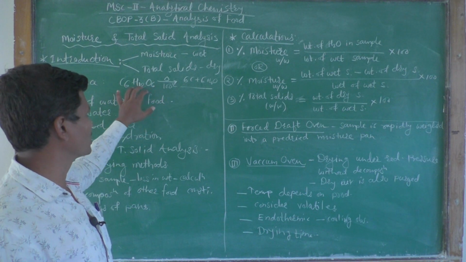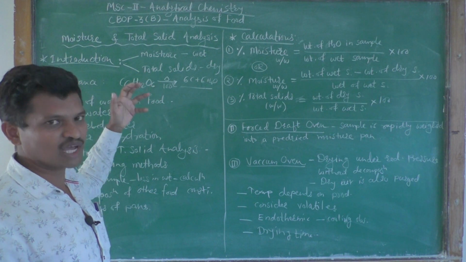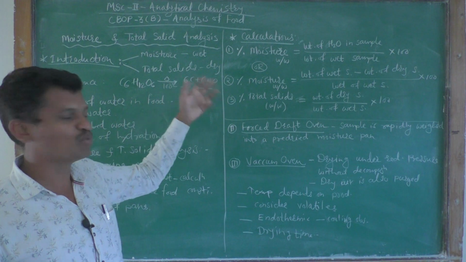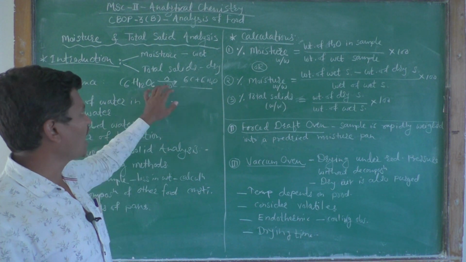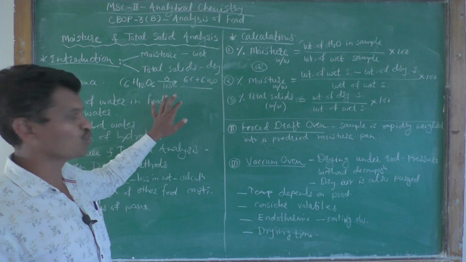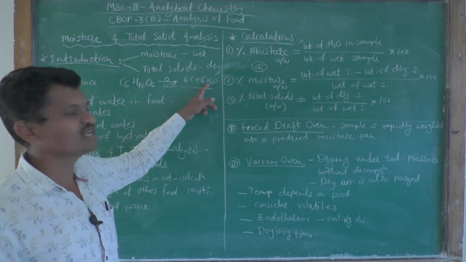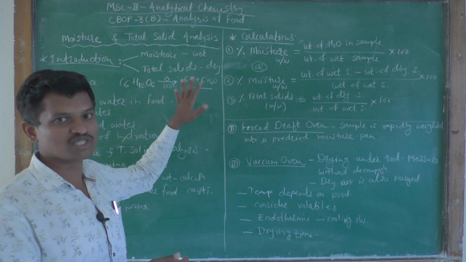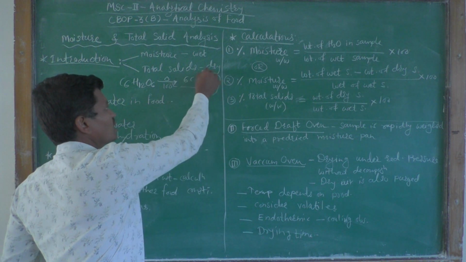Now if our food material has carbohydrate, the simplest carbohydrate being glucose, this glucose gets decomposed at 100 degrees Celsius, which is nothing but the boiling point of water. So at this temperature the glucose is decomposed into 6 carbon and 6 water molecules. So water molecules are generated in the decomposition.